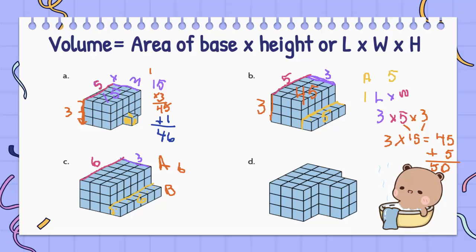So we're basically saying, what is 6 times 3? And we know that 6 times 3 equals 18. So if I were to just look at this top portion of the prism, that equals 18. Okay. And so I'm going to write 18.